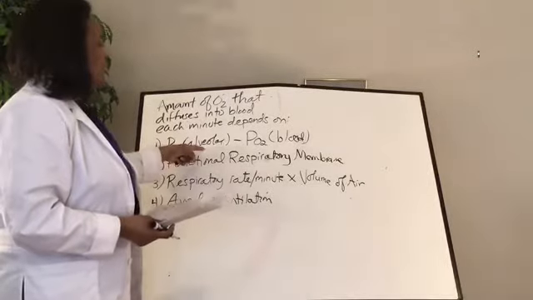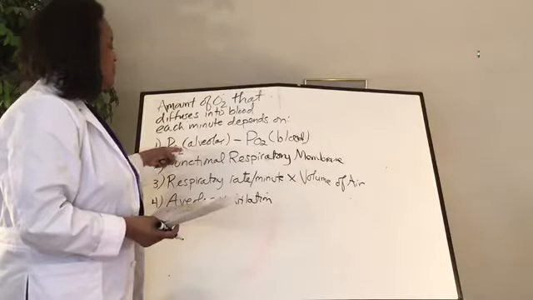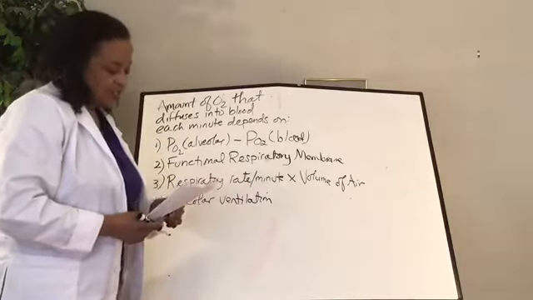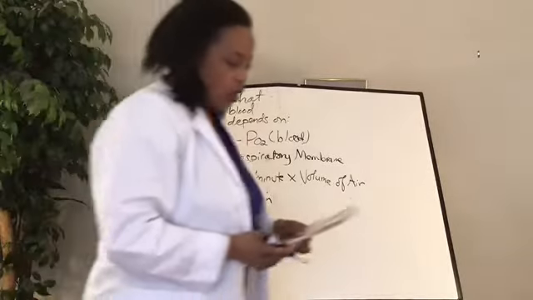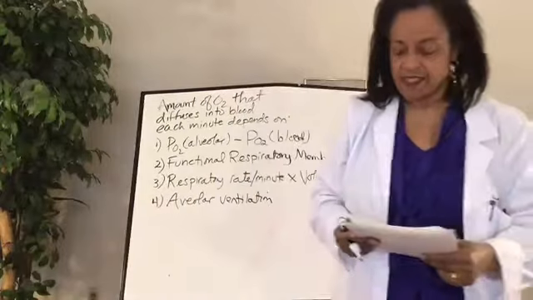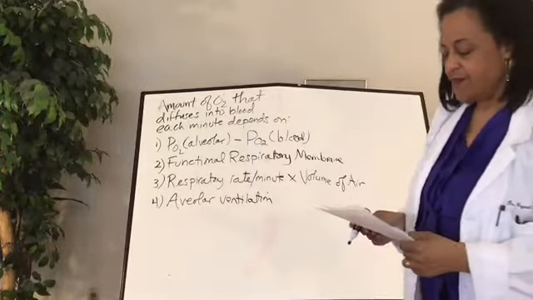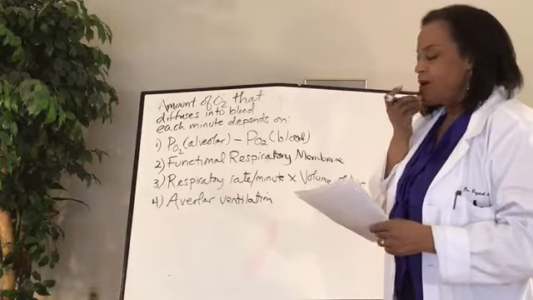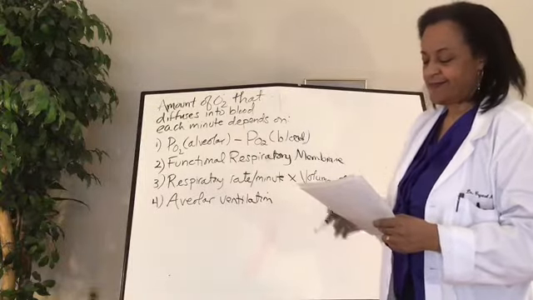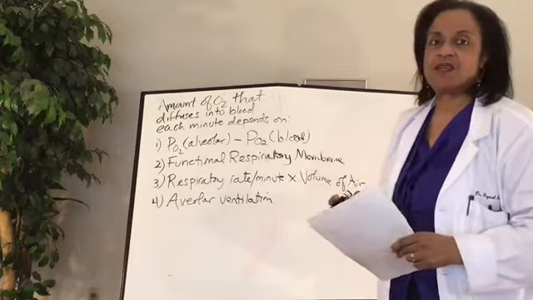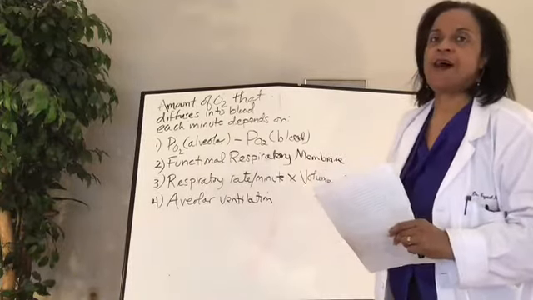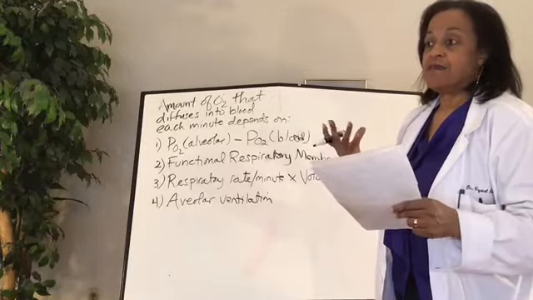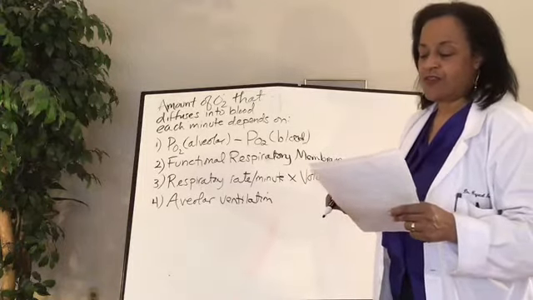So the partial pressure of oxygen in the alveoli minus the partial pressure of oxygen in the blood. If there's a decrease in oxygen, say like at high altitudes, the partial pressure of oxygen in the alveoli is lower.